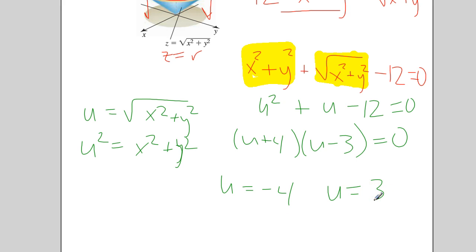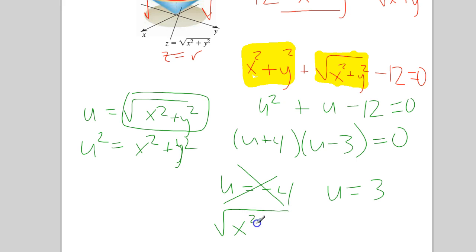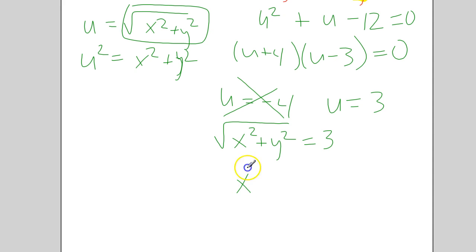Well, if u equals negative 4, that's the positive square root of x squared plus y squared equals negative 4. It doesn't make any sense. But if I have u equals 3, that's the square root of x squared plus y squared equals 3, which means, of course, that x squared plus y squared equals 9.